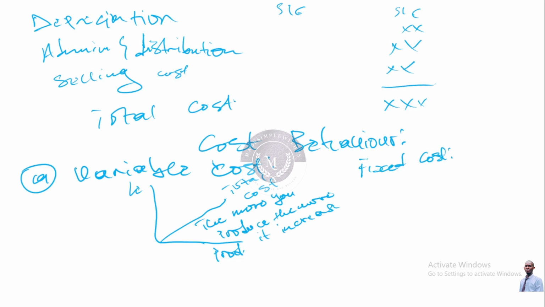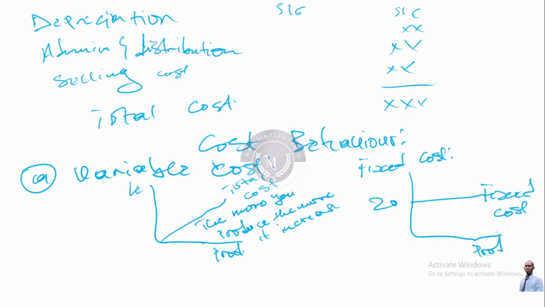So we are producing watch, and the cost per unit for each one watch is how many? It's 20 units, right? So now it doesn't change. So this is a fixed cost.